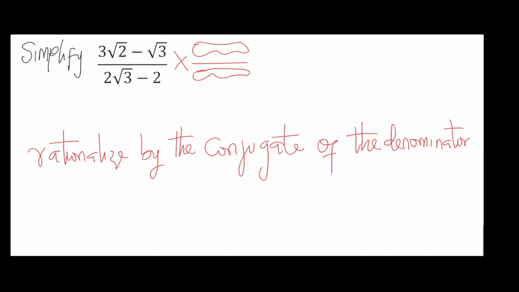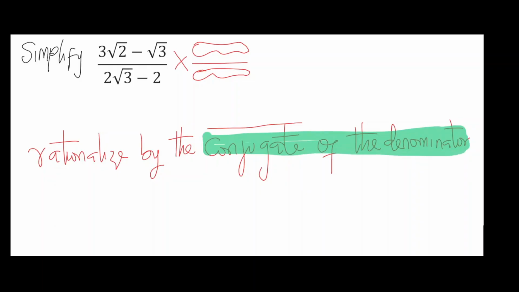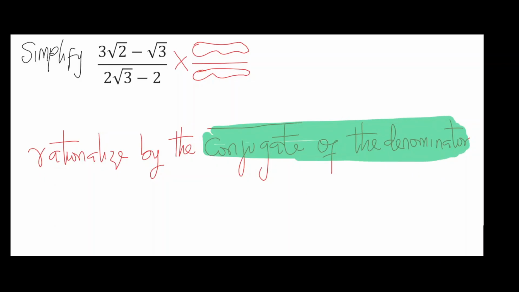We are multiplying both by the conjugate of the denominator. So we write the conjugate here, and also divide by the conjugate here. And that is what it means to rationalize.